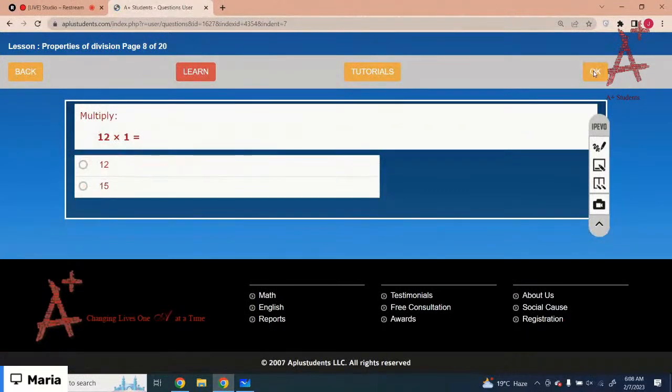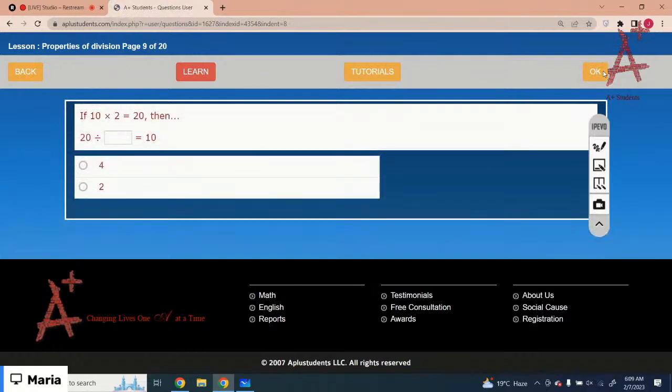Okay, times 1 is. 12 times 1 is. Yes, it is 12. So the correct option is 12. Just select the correct option and click on the OK button.